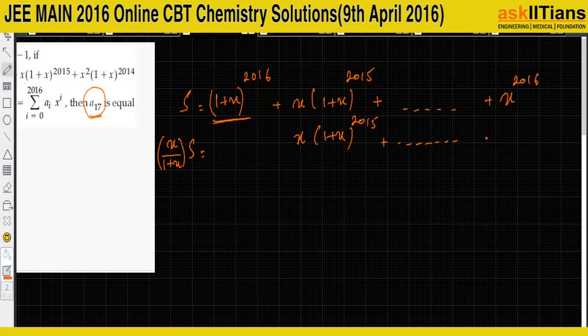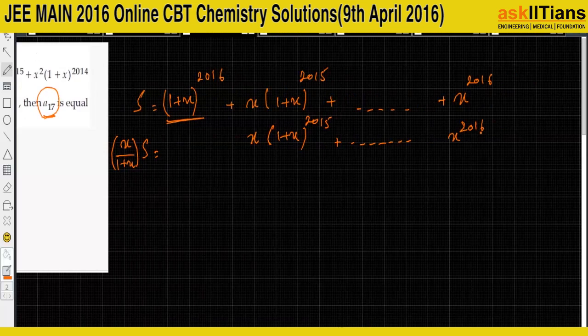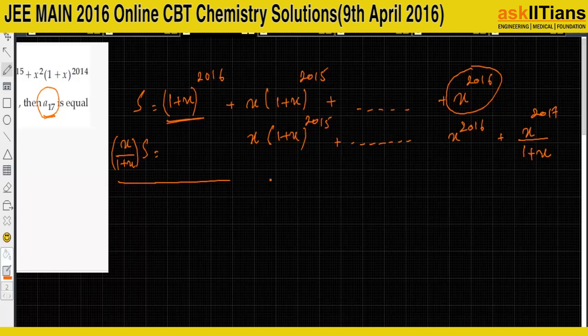The last term will be x^2016, and the next term, when multiplied by our common ratio, I'll get x^2017 divided by (1 + x). Now I can subtract these two expressions. What I'm doing is simply multiplying both sides by this term and then shifting this series by 1 unit.